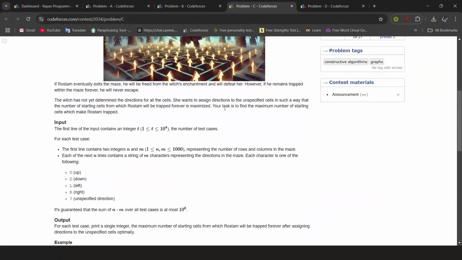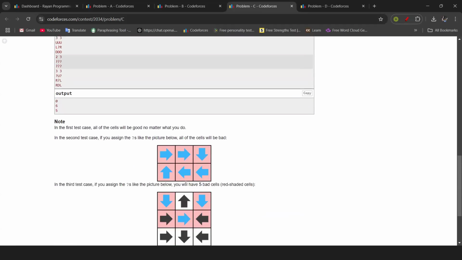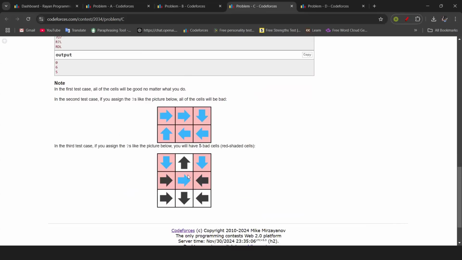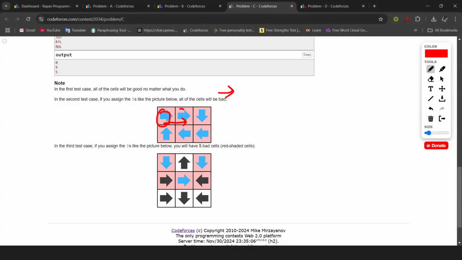Your task is to maximize the number of starting cells from which Rostam is trapped. You are given some grid. If you are at any cell and the arrow is pointing to the right, you would move to the cell to the right.